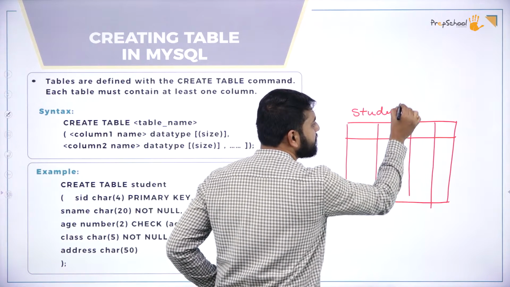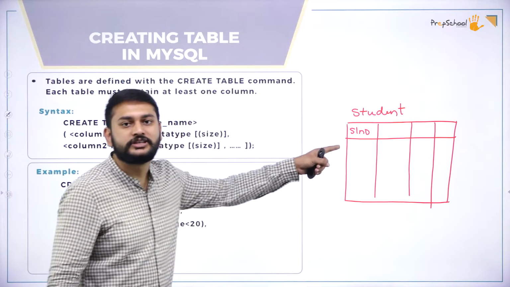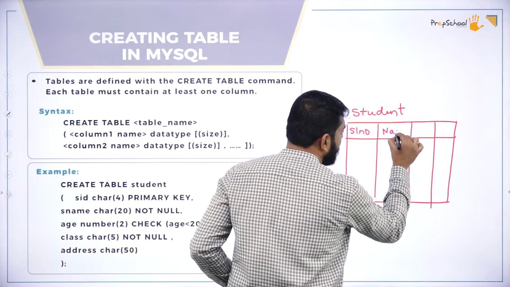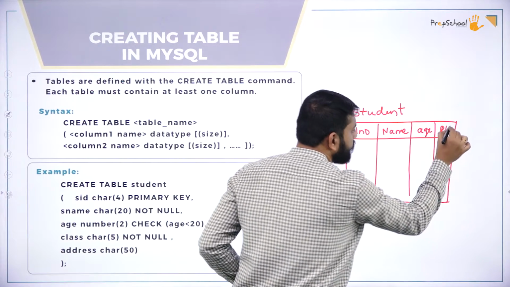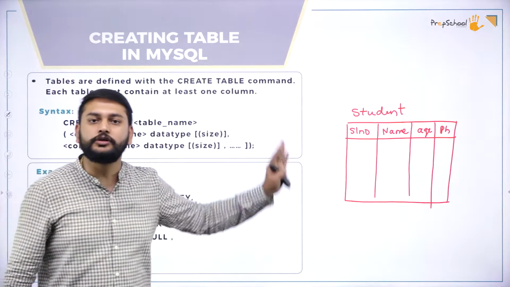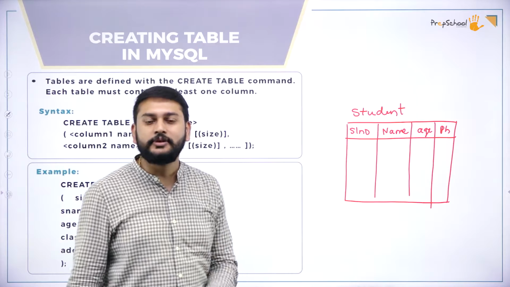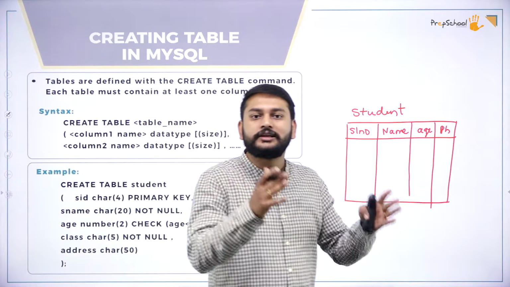So I have serial number as a first column name, and then again I have name as a second column name, age, and then phone number. So guys, I have total 4 columns in my table, and I have named this table as student. So this is how I want some table inside the database.